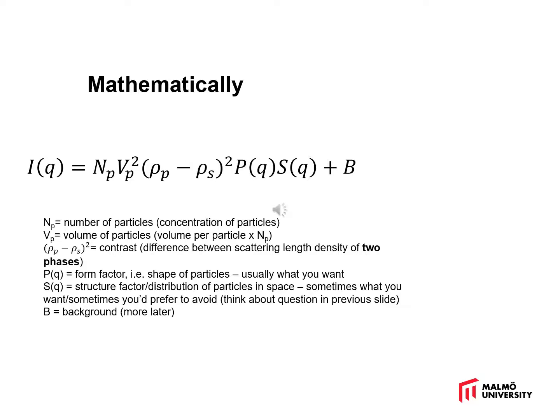The form factor, which is just the shape of the particles as we described before, and the structure factor. So in the dilute limit, the structure factor just equals 1. In more concentrated solutions, one has different kinds of expressions you can use for the structure factor. And that scattering is superimposed above an experimental background, which we shall talk about later.